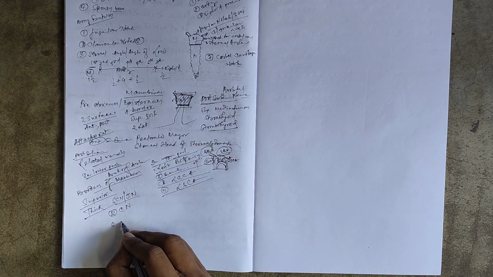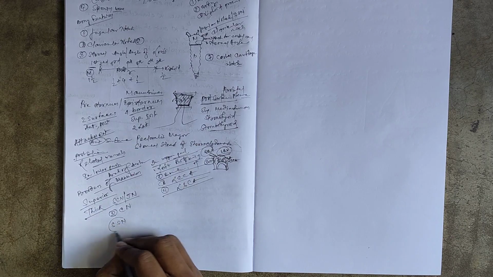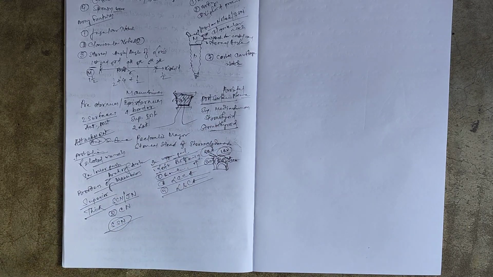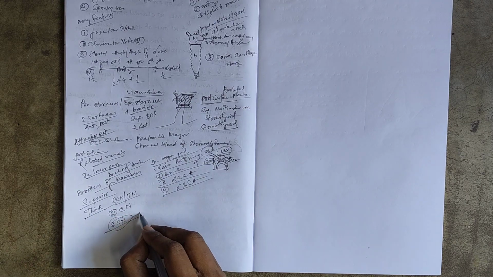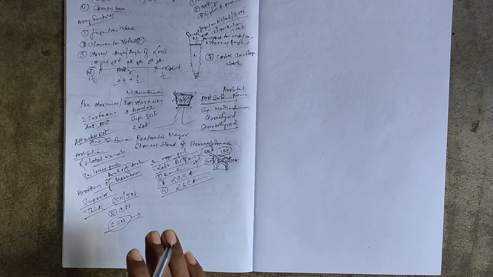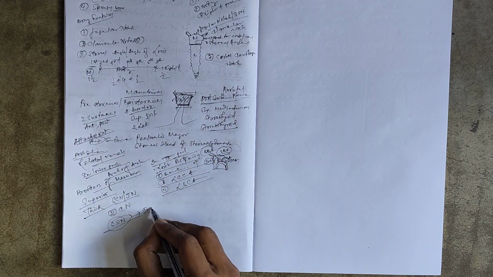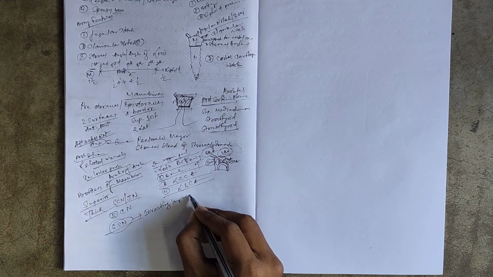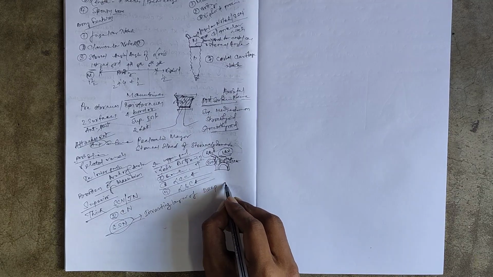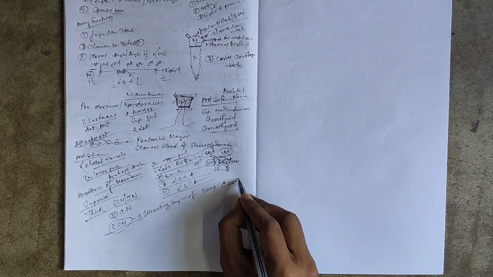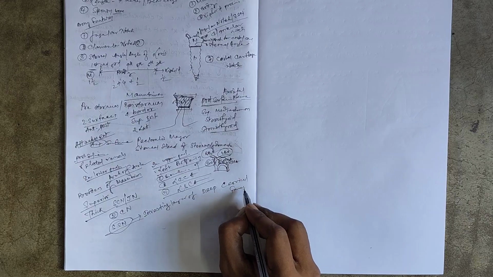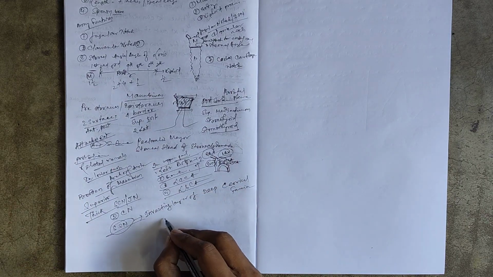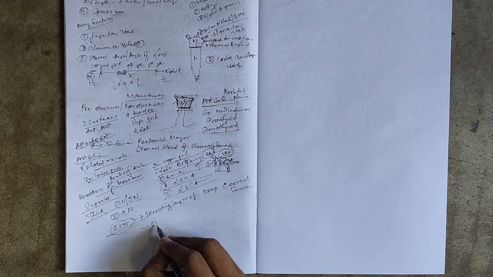So the suprasternal notch, what does it do? It gives attachment to the investing layer of deep cervical fascia and the interclavicular ligament.